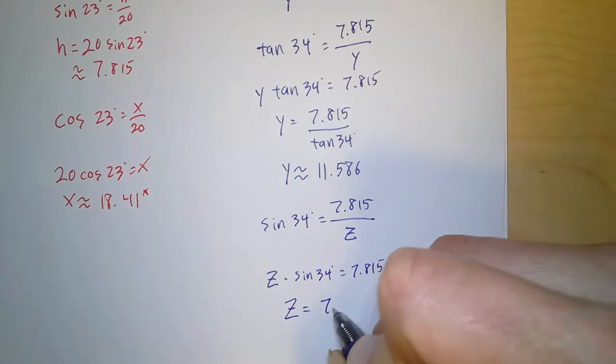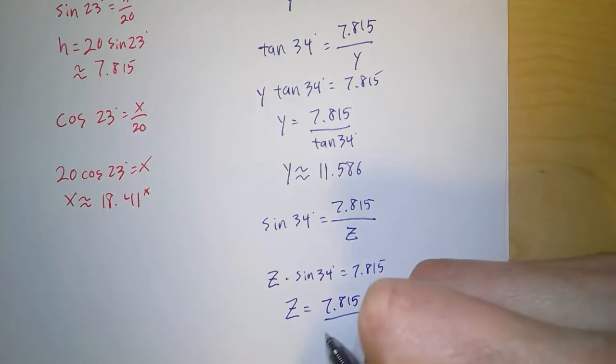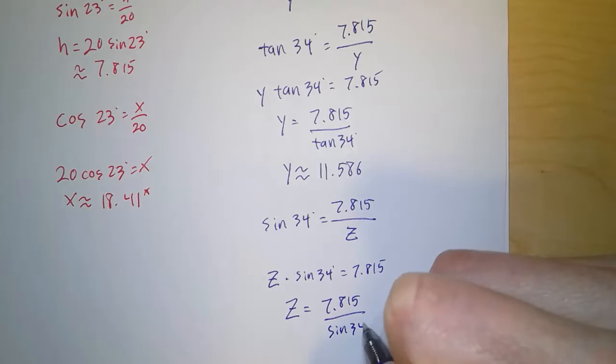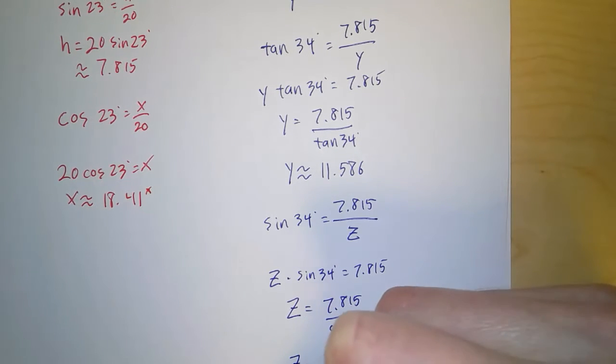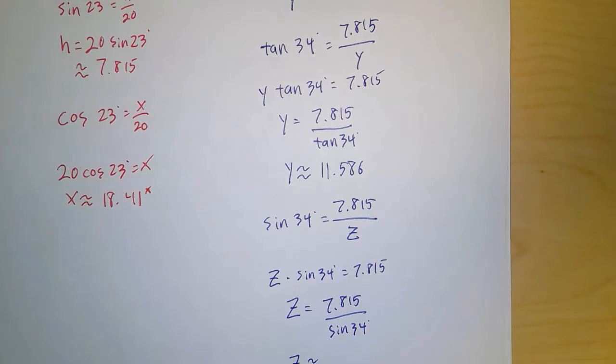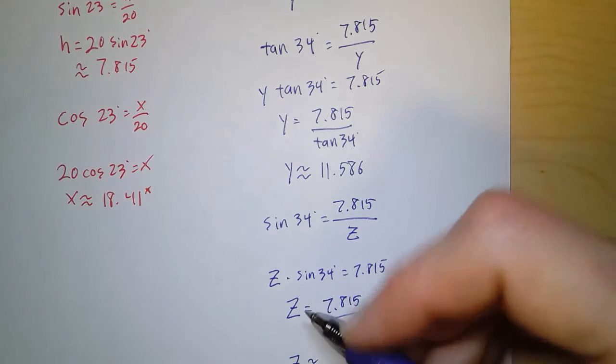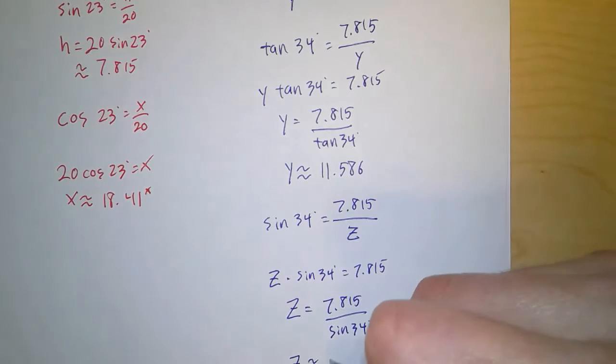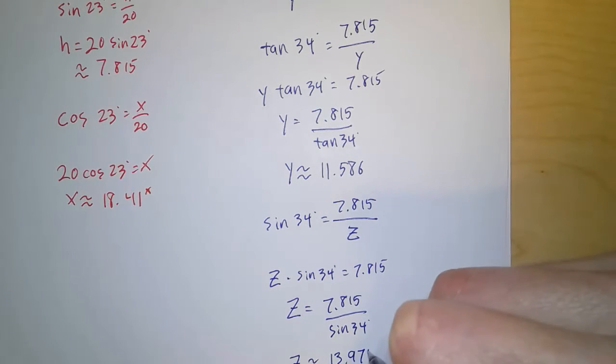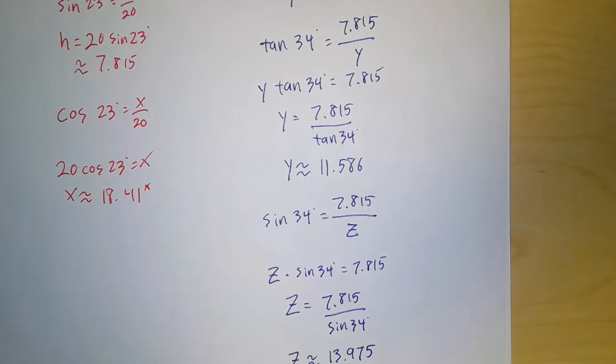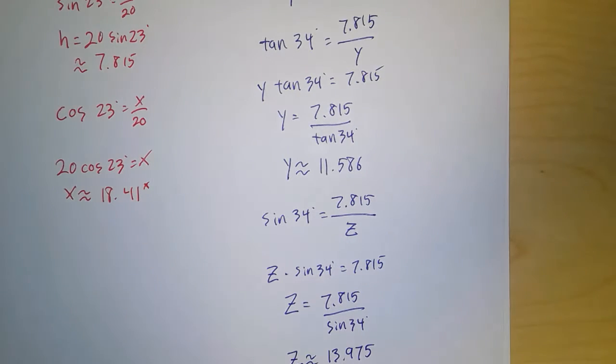So we have 7.815 divided by sine of 34 degrees. And so that is approximately 13.975.